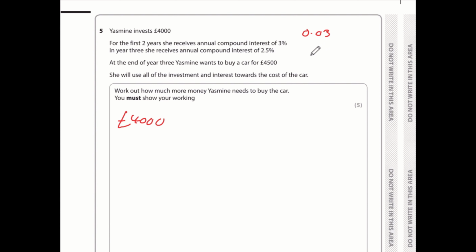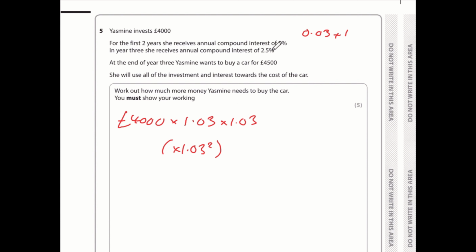But there's a much easier way to apply a percentage increase, which is to add 1 to the basic multiplier. So I multiply not by 0.03 but by 1.03, and that will increase it by 3%. I have to do this twice, so I could do times 1.03 times 1.03, or times 1.03 squared. That would be exactly the same thing.